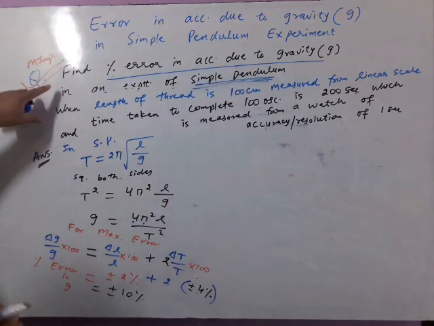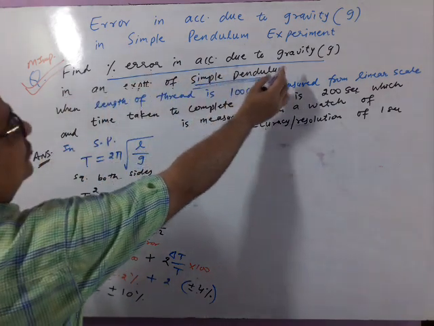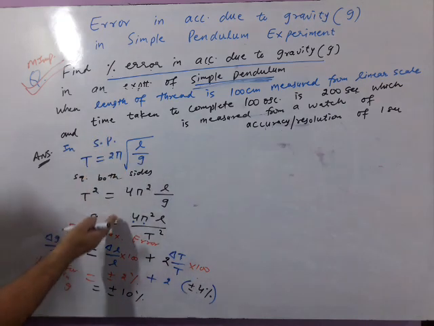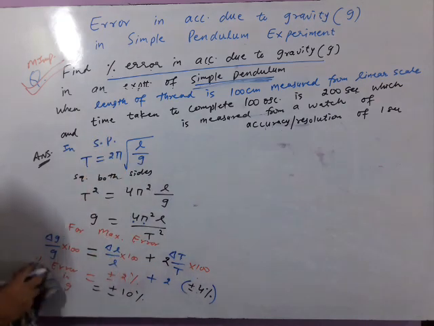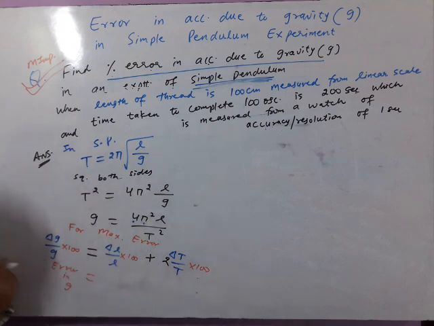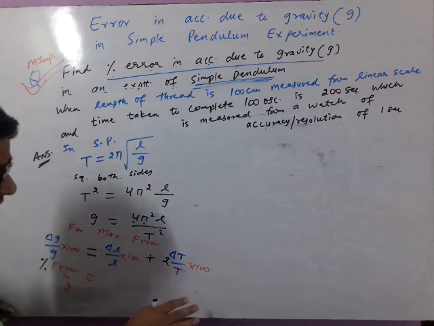See, first point of question: find percentage error in acceleration due to gravity in an experiment of simple pendulum. Then you will have to follow all this up to this step. We are finding percentage error in G. Earlier we were given percentage error in length and percentage error in time period directly.